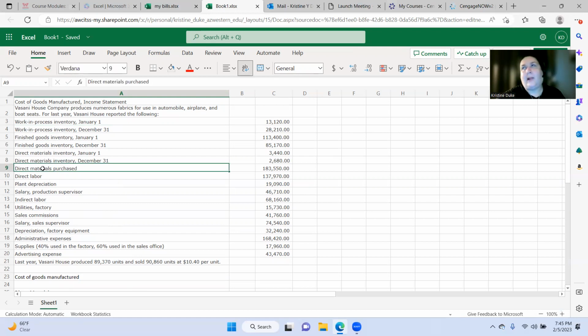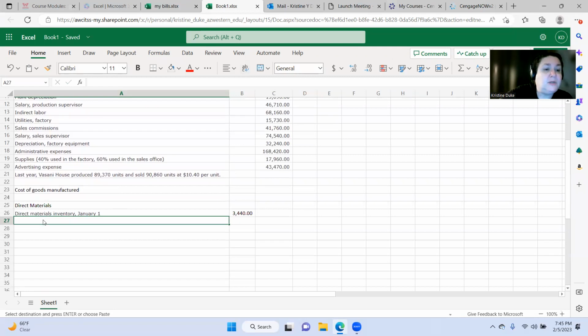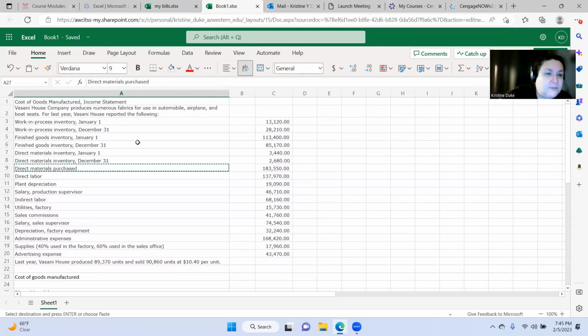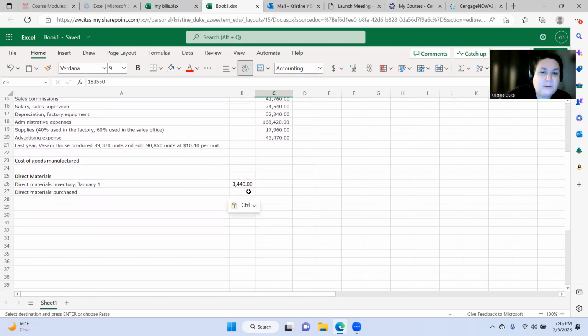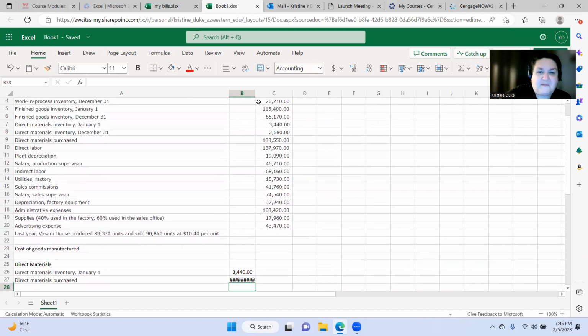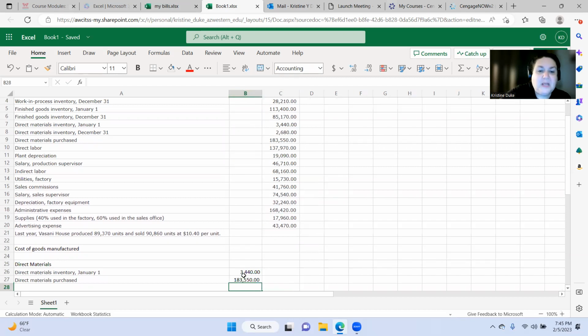There we go. I just can't read. I was looking for it to start with the word purchases. Okay, so we're going to go ahead and put that in here, and let's find out what that is. 183,550. I'm going to get lazy here and have some fun. I'm just going to link all my Excel just because sometimes it's kind of fun.